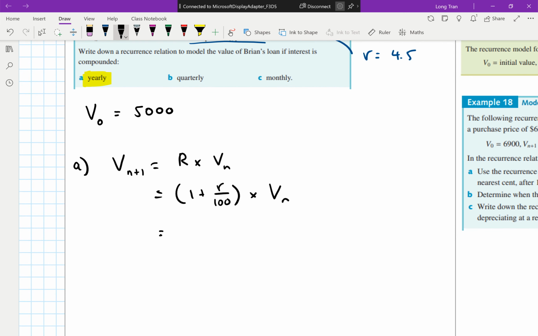I've got 1 plus 4.5 over 100 multiplied to V0, which I know is $5,000. This is to find out V1. So here we go. This is now 1 plus 4.5 over 100 times $5,000.